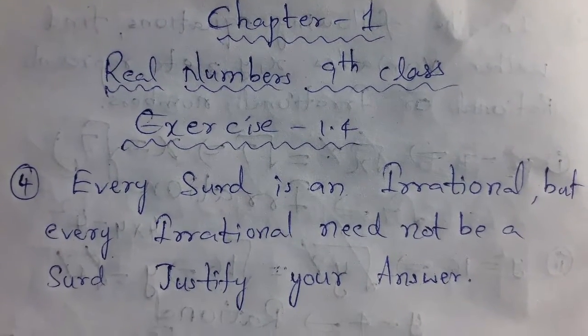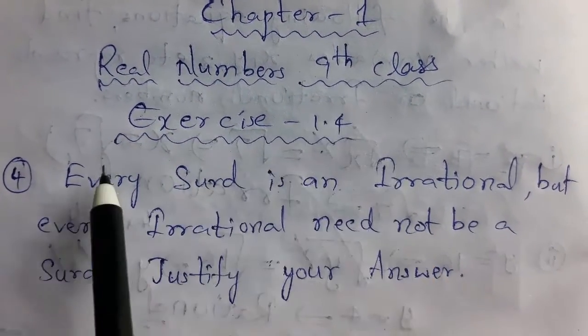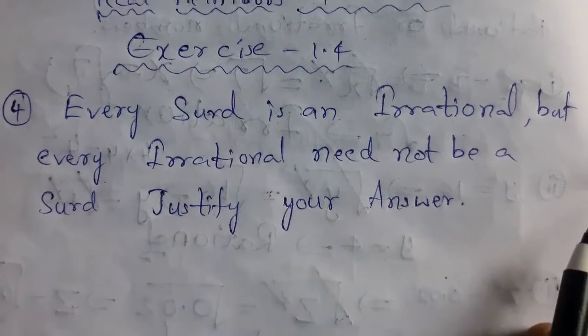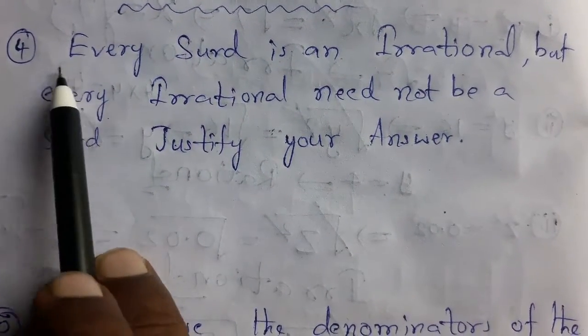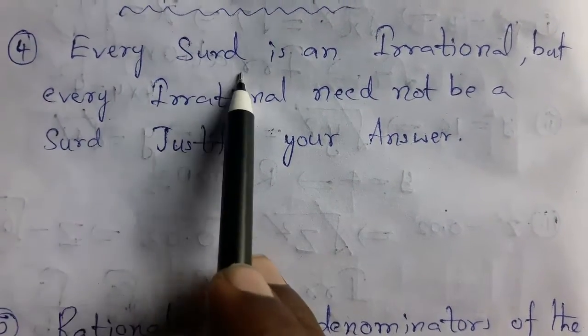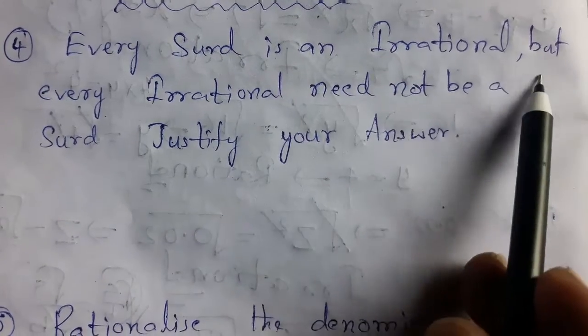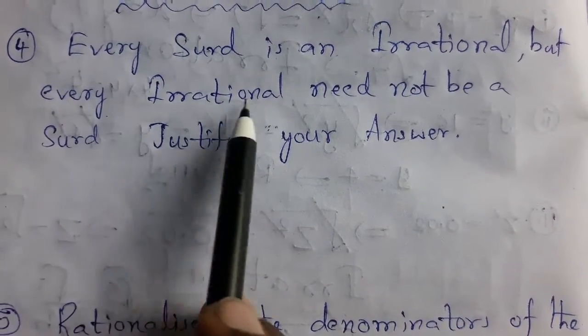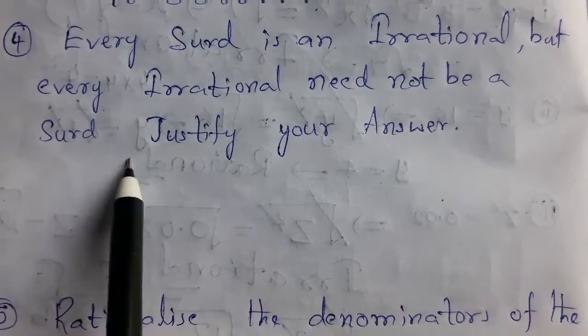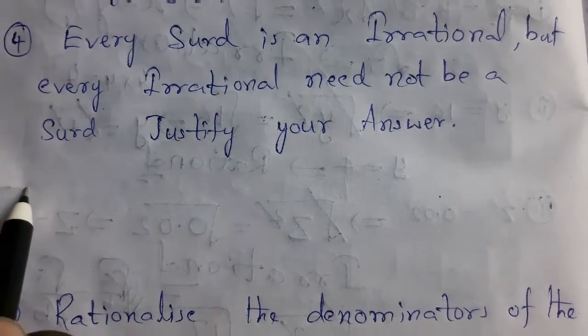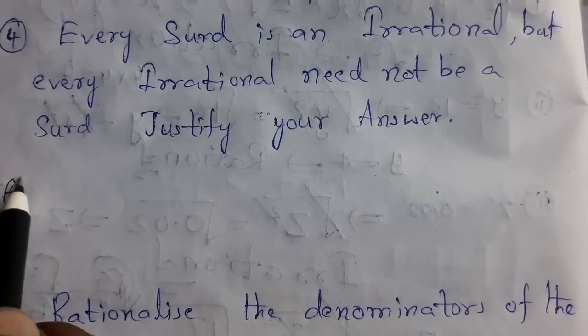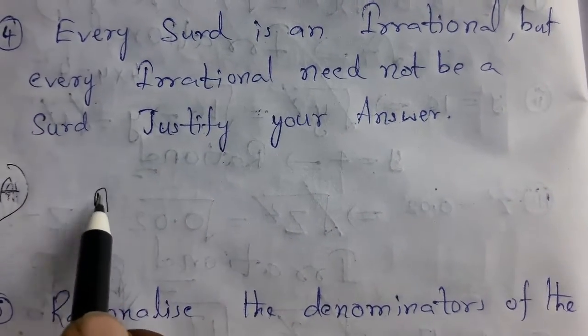Chapter 1, Real Numbers, 9th Class, Exercise 1.4, Question number 4. Every surd is an irrational, but every irrational need not be a surd. Justify your answer. See answer.